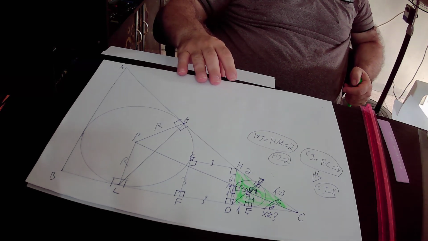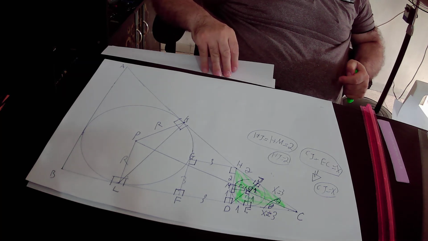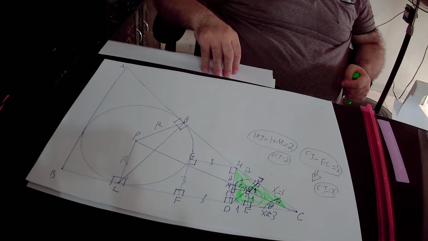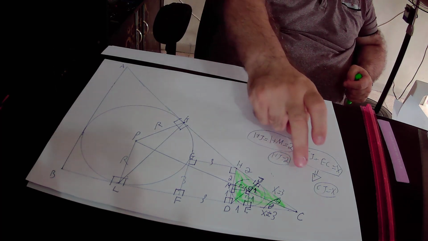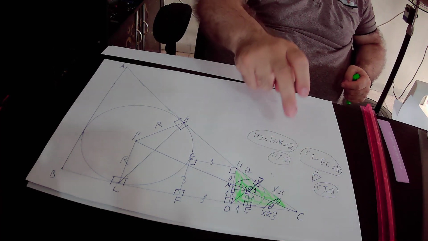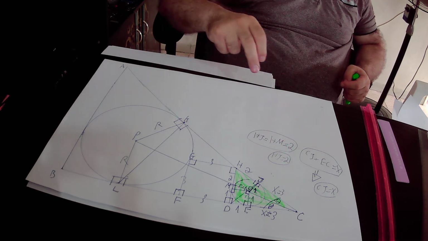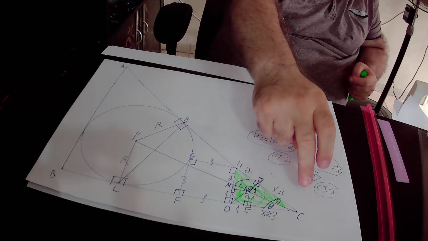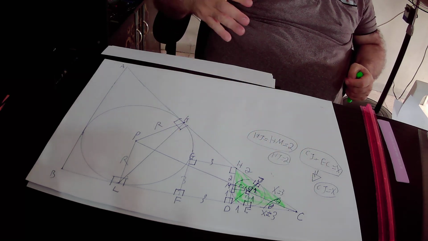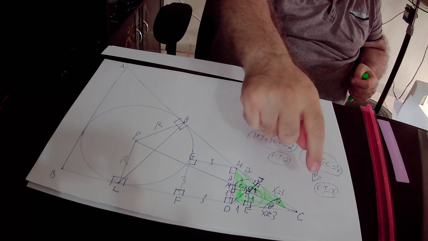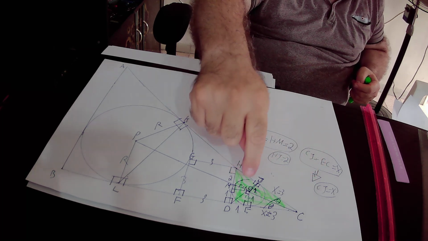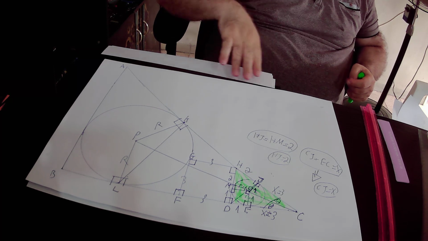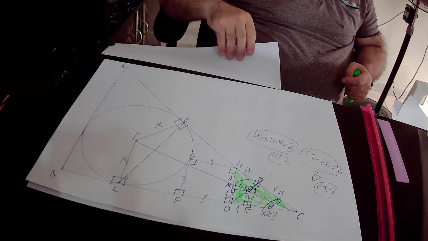So here we have a claim that the angle bisector CO passes through point P. Again, our claim is that the angle bisector CO passes through point P, or in other words, points C, O and P are all located on the same straight line. So I write down our claim.